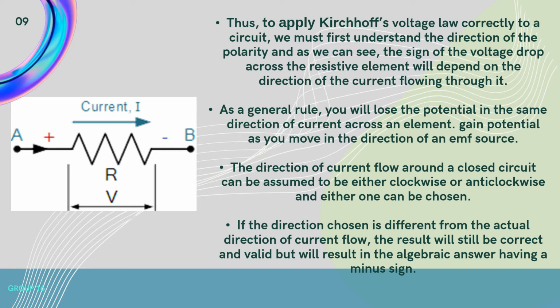The direction of current flow around a closed loop can be assumed to be either clockwise or anticlockwise, and either one can be chosen. If the direction chosen is different from the actual direction of current flow, the result will still be correct and valid, but will result in an algebraic answer having a minus sign.